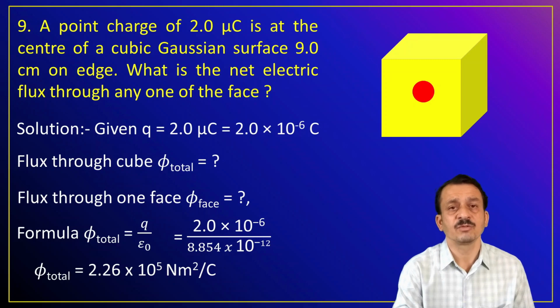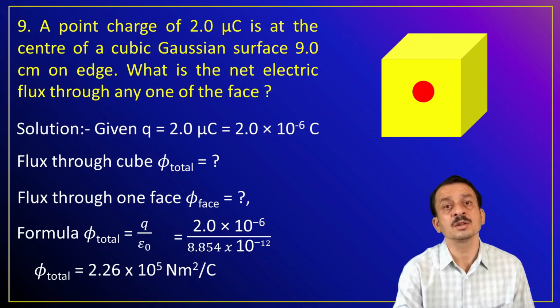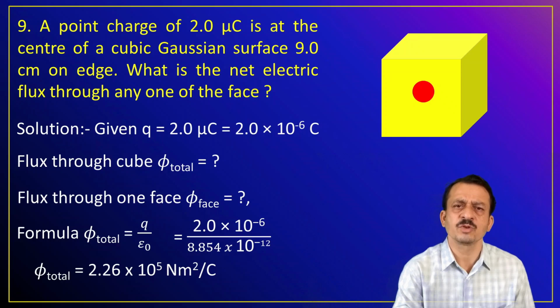Now this is the flux flowing through the entire Gaussian surface. That means it is the flux flowing through all the 6 faces. But in the problem they have asked to find the flux through one face or one square.